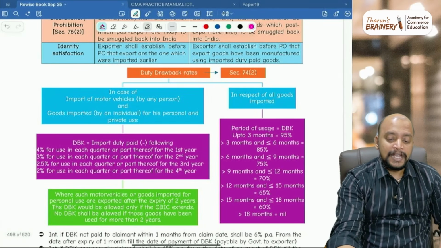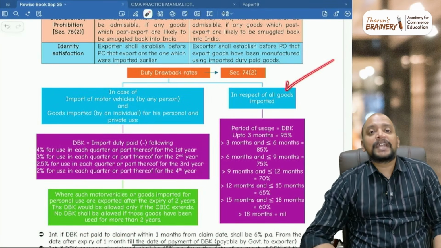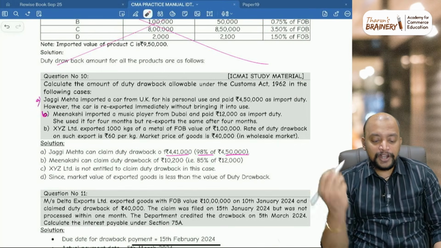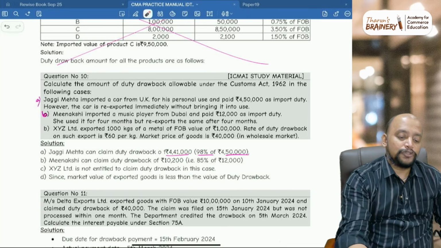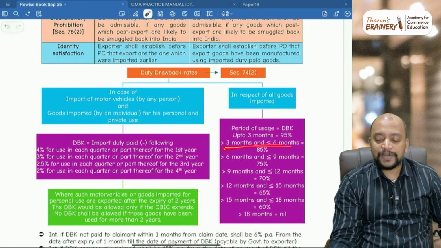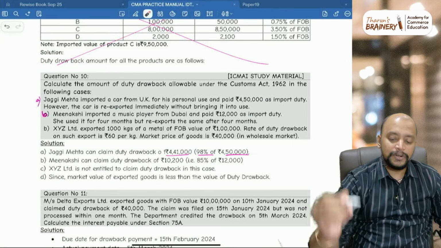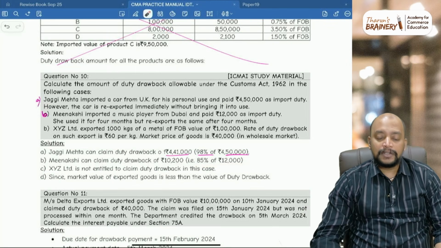But it is not given as personal purpose, so we need to apply the second branch. In the second branch, depending upon the period of usage, 4 months means it comes under 3 to 6 months. So how much is the duty drawback? 85%. So 85% of 12,000 will be the duty drawback.